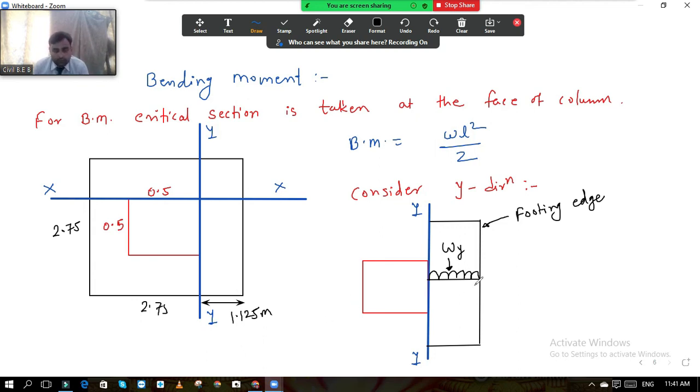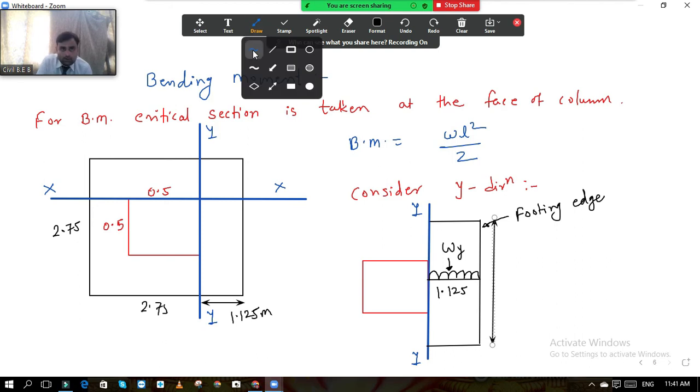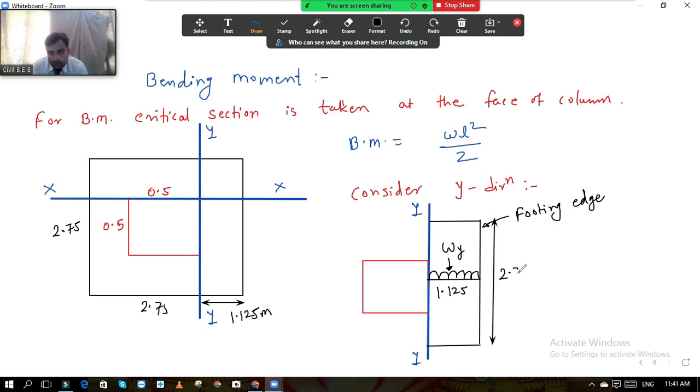So this length is 1.125, and this total length is 2.75 meter. Now how do we calculate the UDL? We want to calculate this WY.